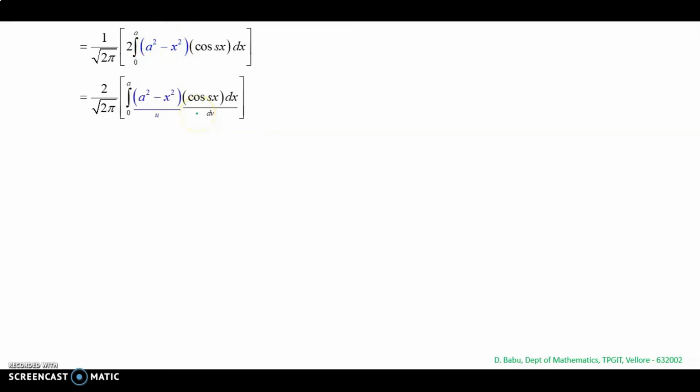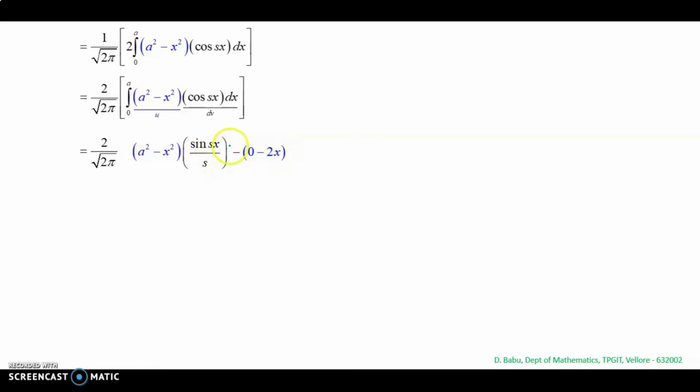So we apply the Bernoulli formula. First step, write u as it is, without differentiating or integrating, that is a square minus x square. Integrate the second term, cos. Integration of cos sx is sine sx divided by s, because the coefficient of x is s. Next alternate term, minus. Differentiate the first bracketed term: differentiation of a square minus x square is 0 minus 2x, because the differentiation of a constant is 0 and of x square is 2x.